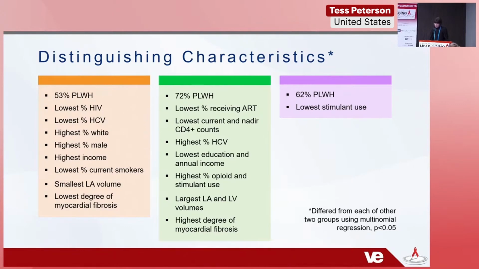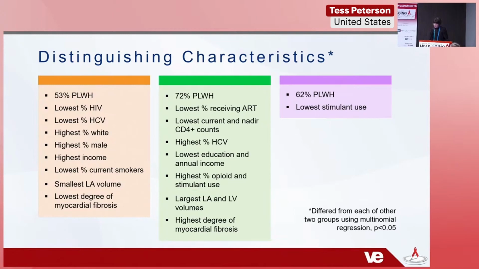This green cluster is sort of the flip side, in some sense, of the orange cluster. Highest prevalence of HIV and Hep C among people with HIV, lowest percent receiving ART, and lowest current and nadir CD4 counts. More socioeconomically disadvantaged, higher proportion reporting opioid and stimulant use, and more adverse values of these subclinical cardiovascular markers.